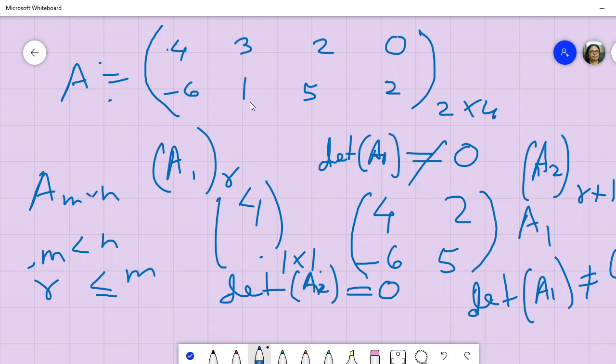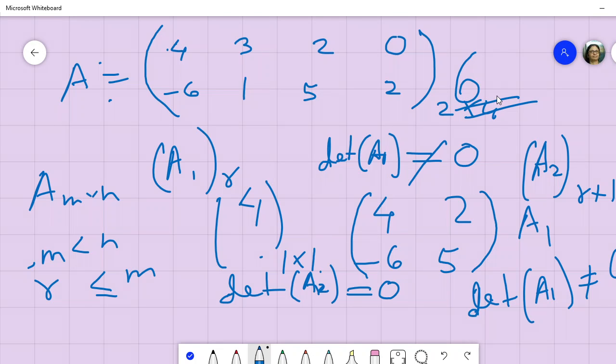We will have 4 3 minus 1 minus 6 1, or 3 2 1 5, or 2 0 5 2, or 4 2 minus 6 5, etc. So altogether 4C2, which is 6 submatrices of order 2. All of these must have determinant 0.